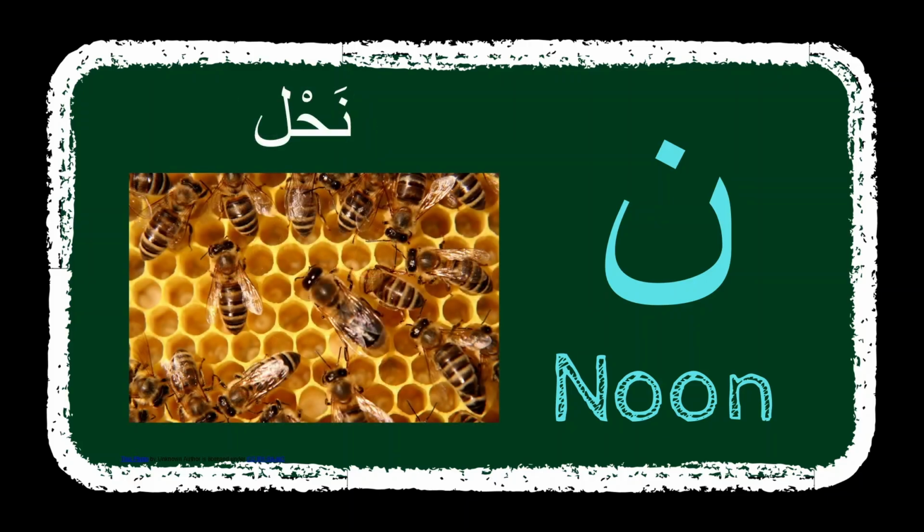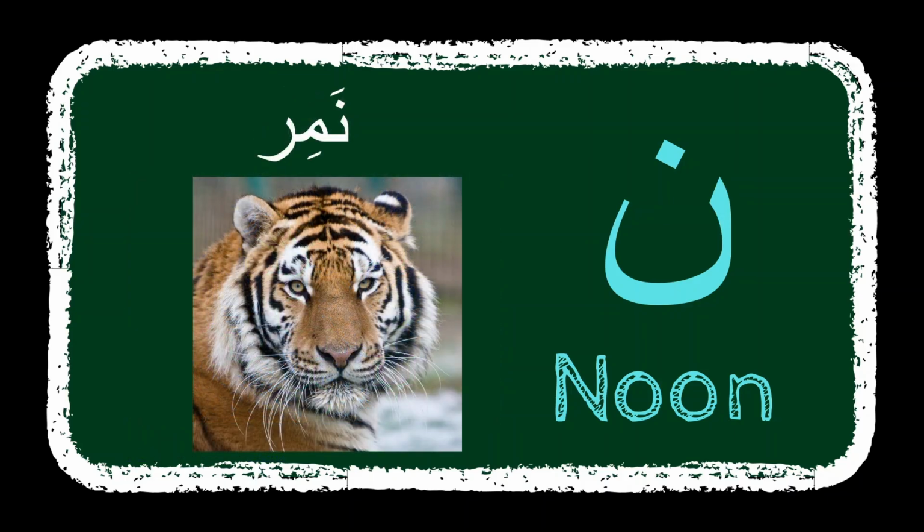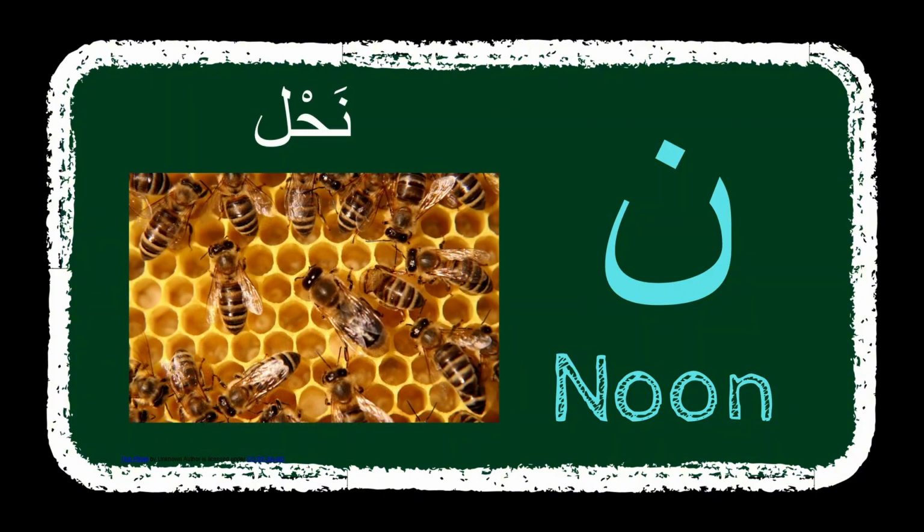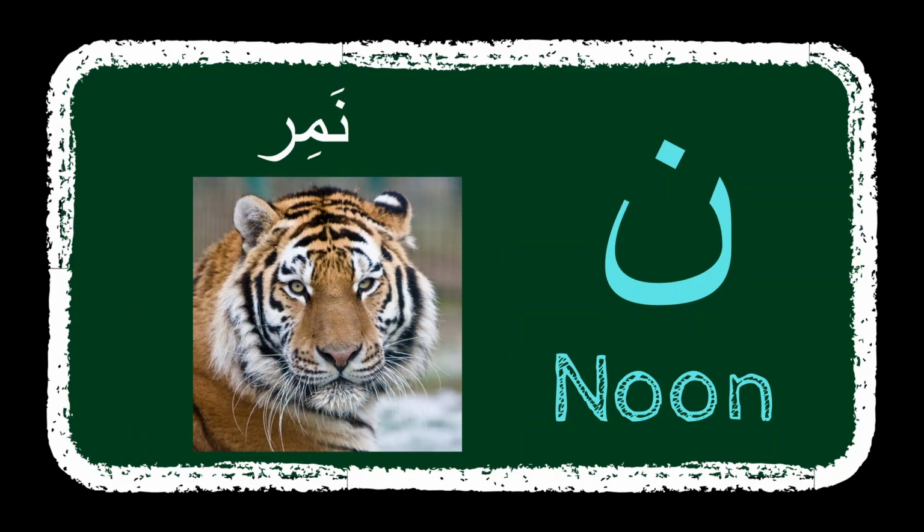And we have some examples. We have nahl, which means bees. Okay? And then we have namir, which means a tiger.